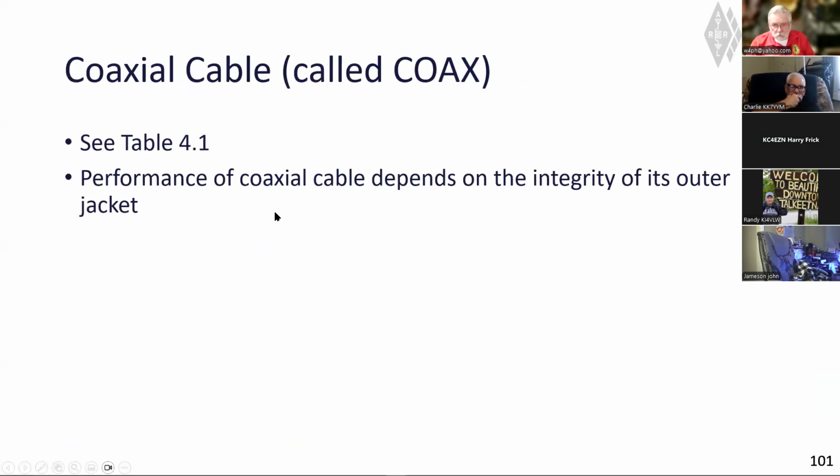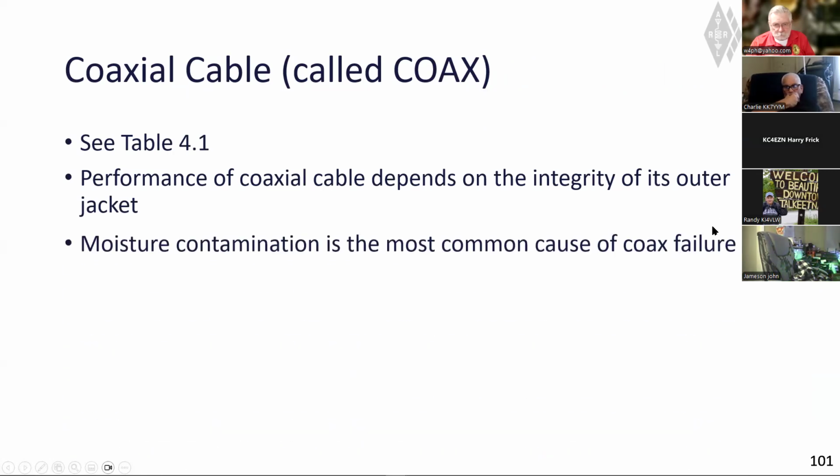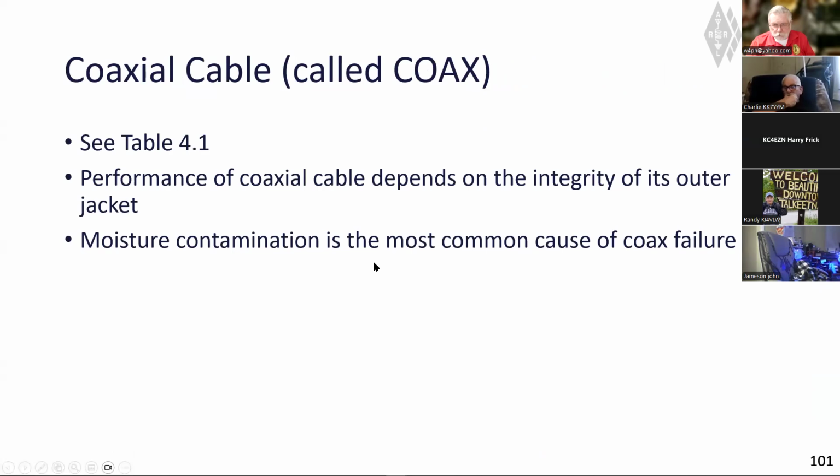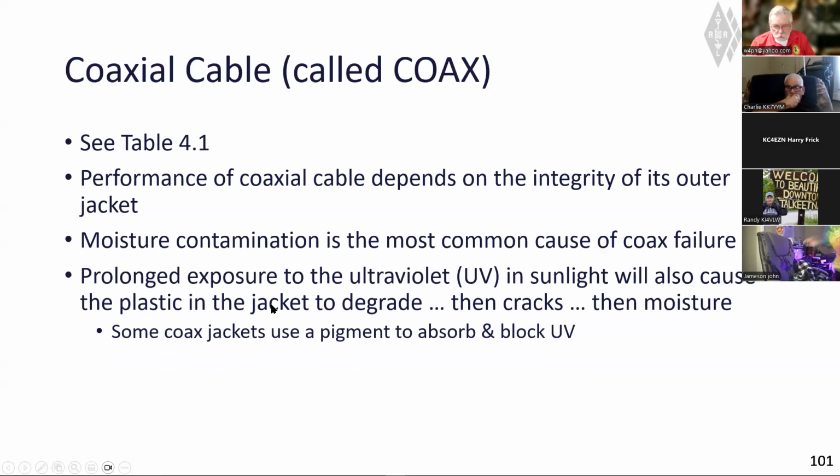Performance of coaxial cable depends on the integrity of its outer jacket. Moisture contamination is the most common cause of coaxial failure. Prolonged exposure to ultraviolet energy and sunlight will also cause the plastic in the jacket to degrade, then cracks, then moisture.